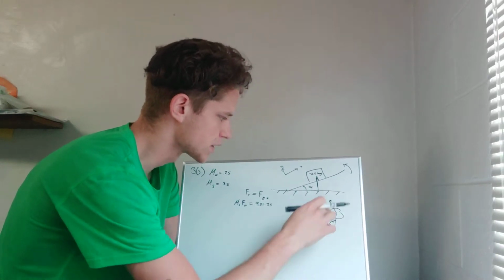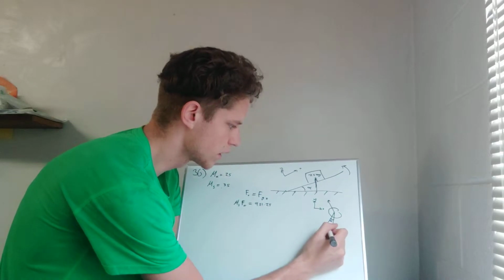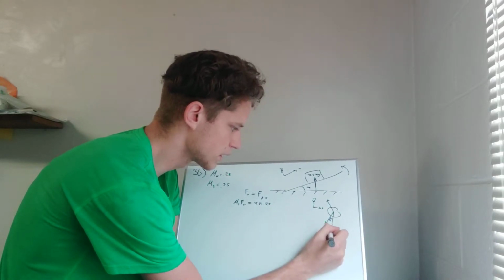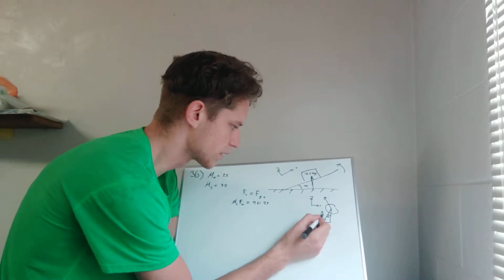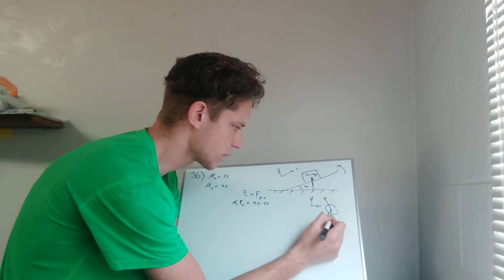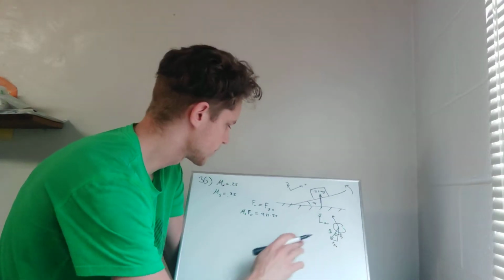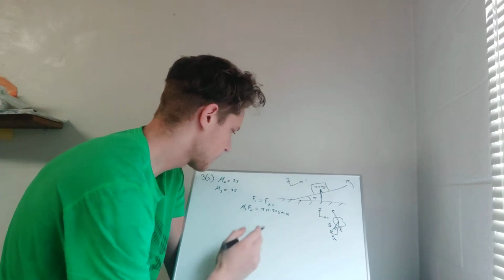So it's going to be sine, because sine equals opposite, which is your force of gravity in the x, over your hypotenuse, which is just your force of gravity, and then this is going to be your force of gravity in the y over here. So that times sine alpha.